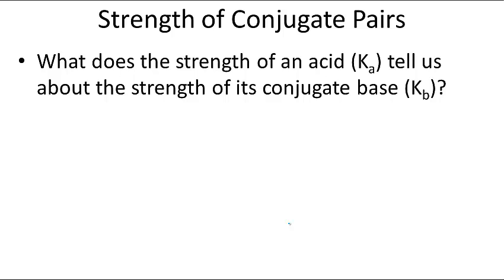If I'm an acid and I'm really hesitant to give up my proton, I like my proton, I don't want to give it up, and Giovanni happens to reach out and grab it, now I become a conjugate base, and as a conjugate base now, how do I feel? I really want a proton back, so I'm going to be looking around to grab one. So as a conjugate base now, I am stronger. So on a conceptual level, you want to understand that the stronger an acid is, the weaker its conjugate base will be.